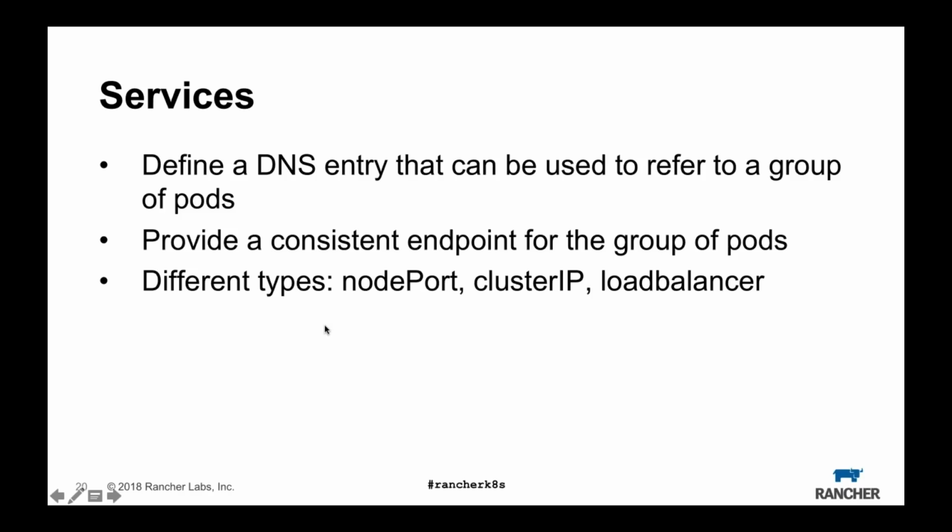Different types: node port. Node port allows Kubernetes to pick an external port in the range of, I forget exactly what it is, but it's like 30,000 to 36, something like that, and expose that port on each node where my pod is running.